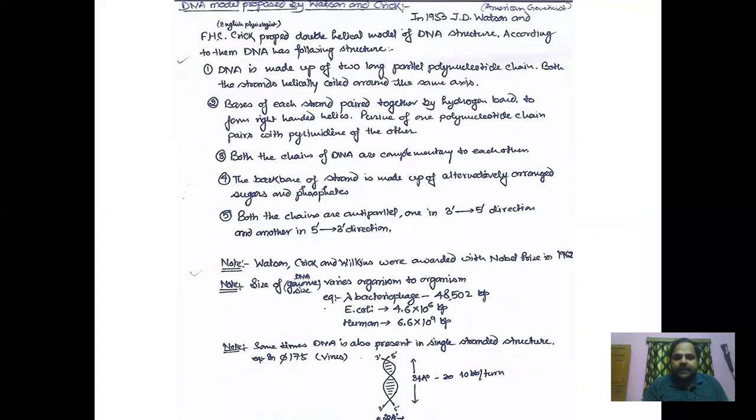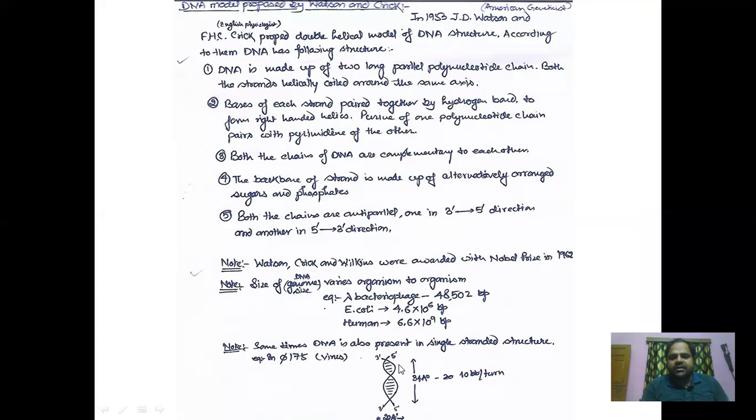Note here that sometimes DNA is also present in a single-stranded structure. In some viruses, the DNA is present in single-stranded form. We can see again the structure of DNA proposed by Watson and Crick.